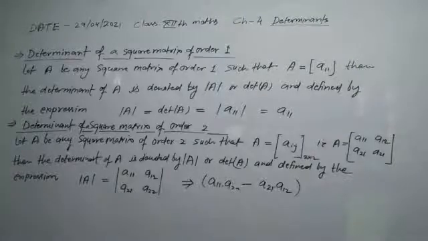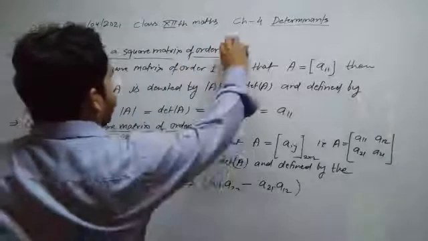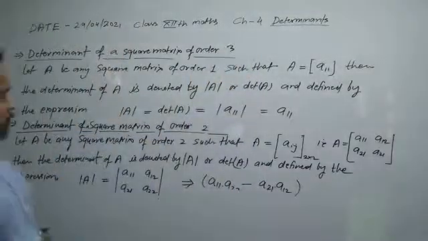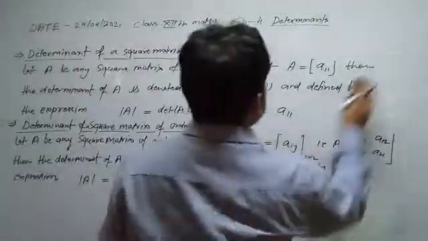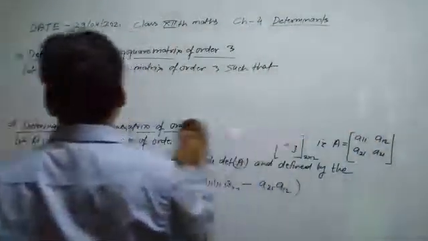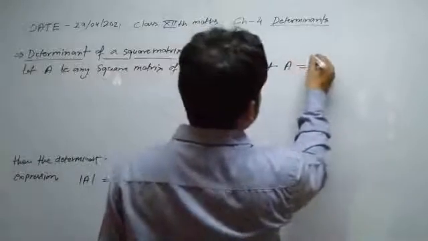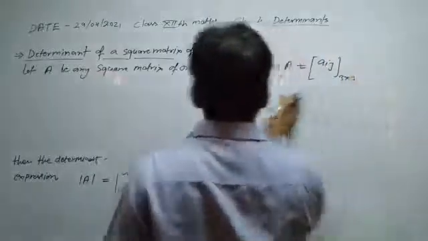Now come to the determinant of a square matrix of order 3 cross 3. Consider a square matrix of order 3 such that A is equal to Aij of order 3 cross 3.